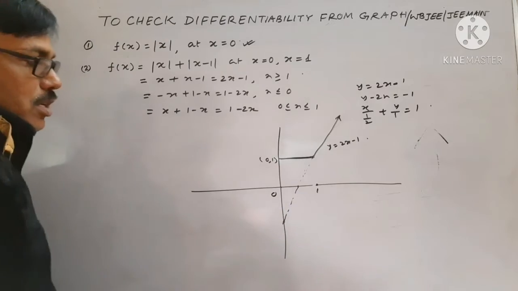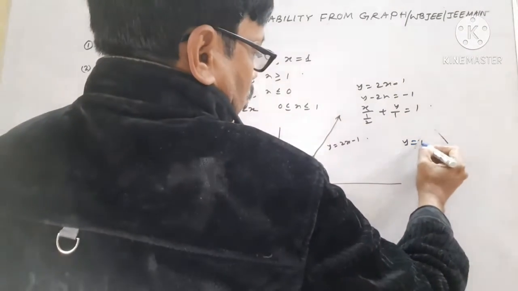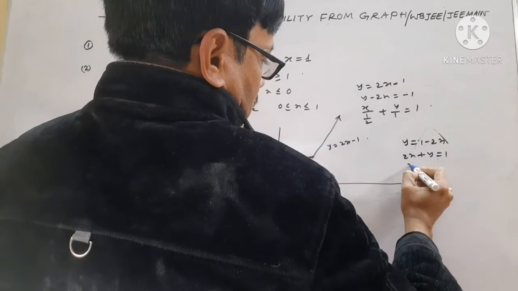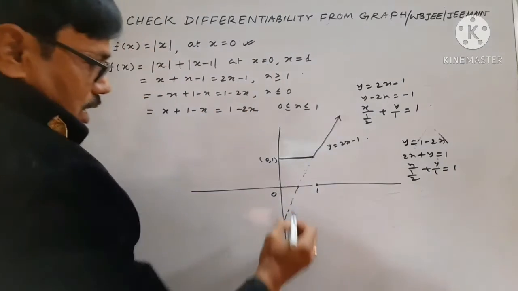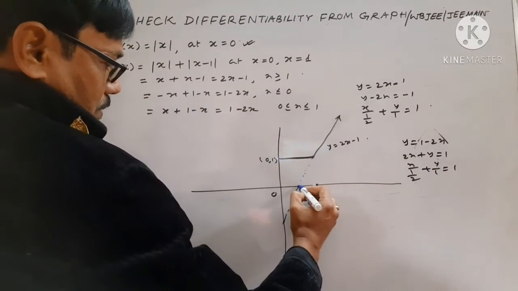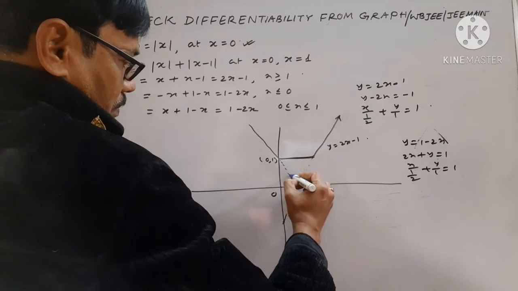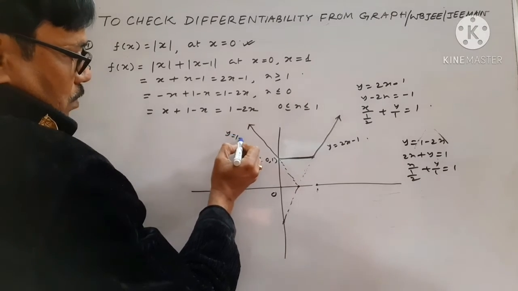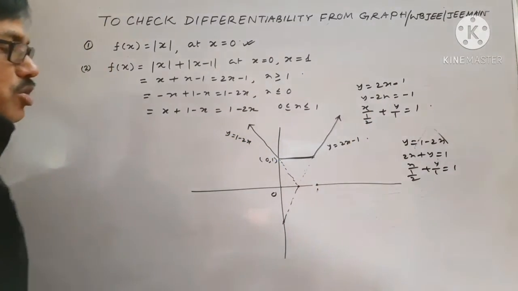And y equals 1 minus 2x, so 2x plus y equals 1, x by half, y by 1 equals 1. This part is absent. This is 1 minus 2x because it is for x less than or equal to 0.